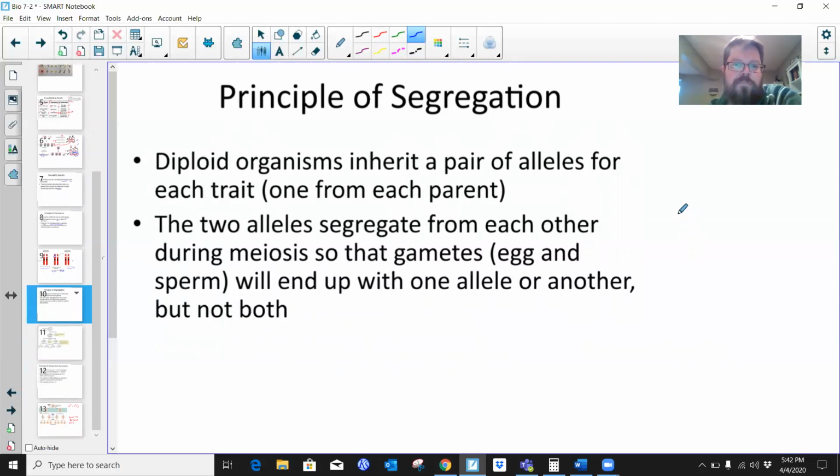Think about it from this perspective. Your mom has two forms of alleles that express the traits that they possess.